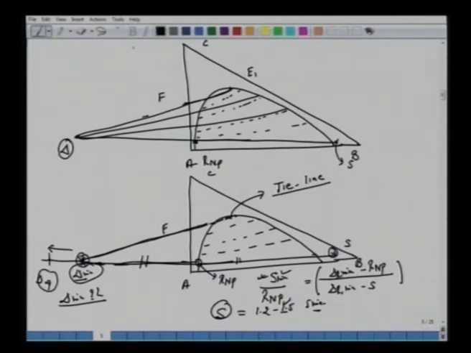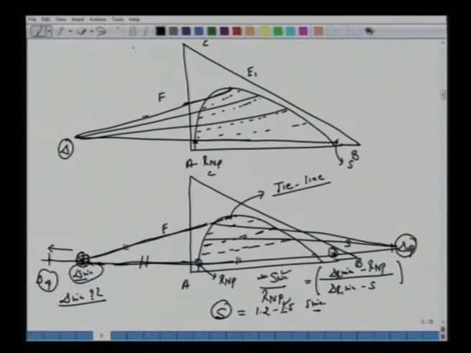So let's try to take this as a special case. There is also a possibility that we have an equilibrium curve, and this is F here. We have marked R and P, we have marked S, we have extended this line here.